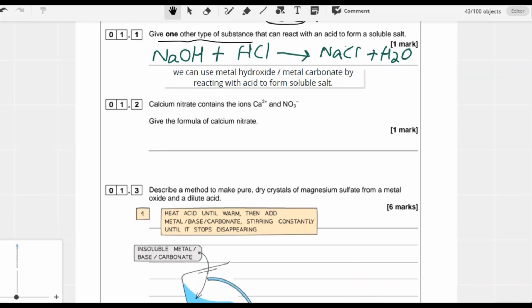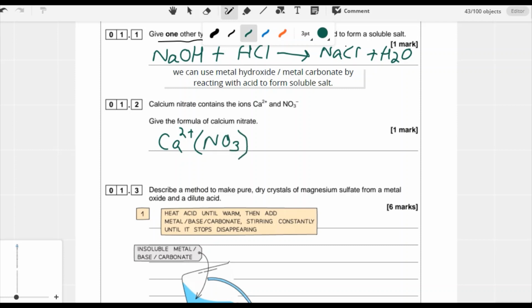Now question number 2: calcium nitrate contains calcium ions and NO3 negative ions. Give the formula of calcium nitrate. First of all, calcium has a positive 2 charge, and it is going to react with nitrate. The nitrate here is 1, but the nitrate charge is -1.